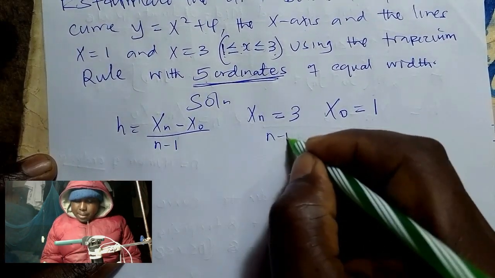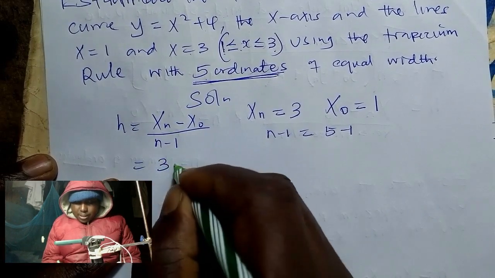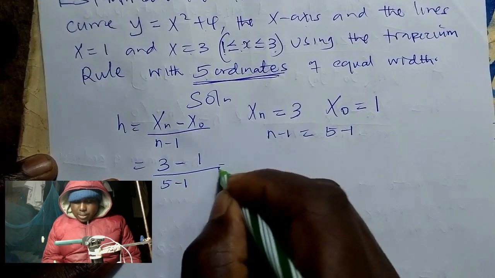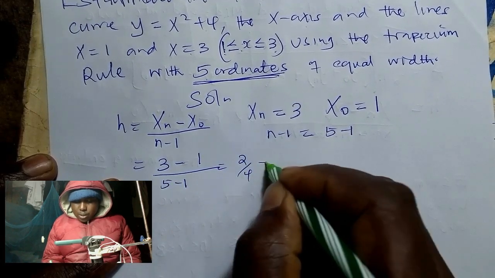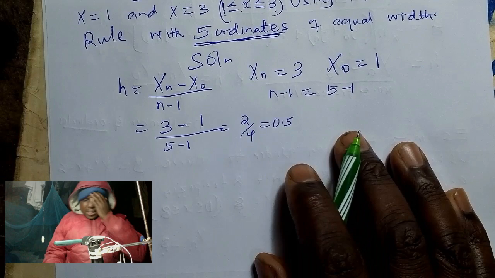And then n minus 1 will be equal to 5 minus 1. So here we have 3 minus 1 over 5 minus 1. So it is 2 over 4, and that is 0.5.